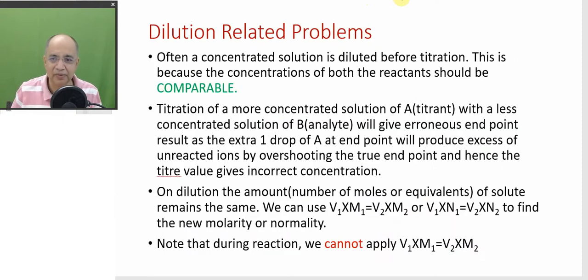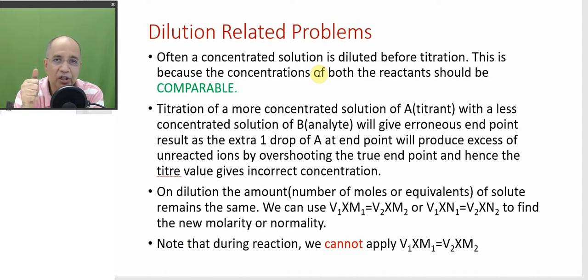Good. Now, I told you that in dilution related problems, often a concentrated solution is diluted before titration. Whenever you are going to perform a titration experiment with a burette and a pipette, you have to first see that the solutions are diluted, not concentrated.